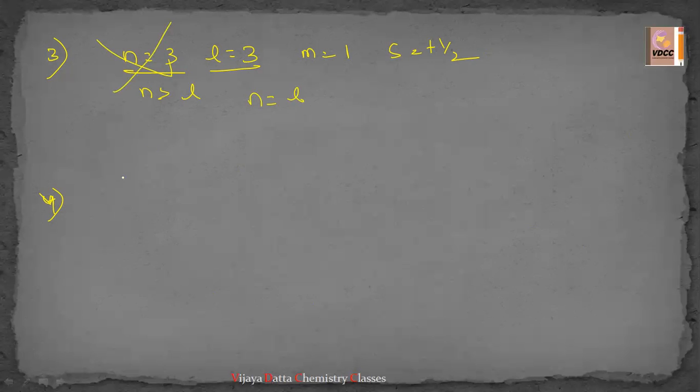Sometimes they can ask, when n equal to 3, l equal to 2, m equal to minus 3, then s equal to minus half, and ask you to write its orbital. But it is not possible.